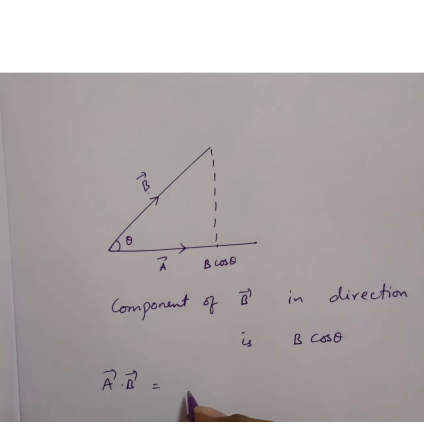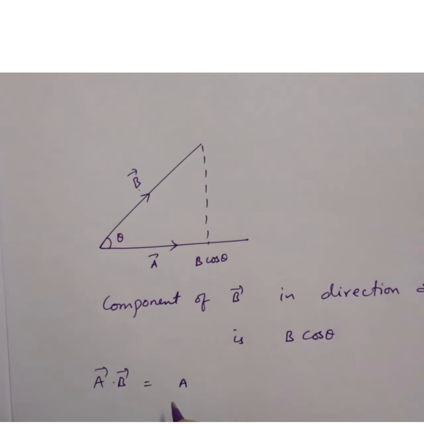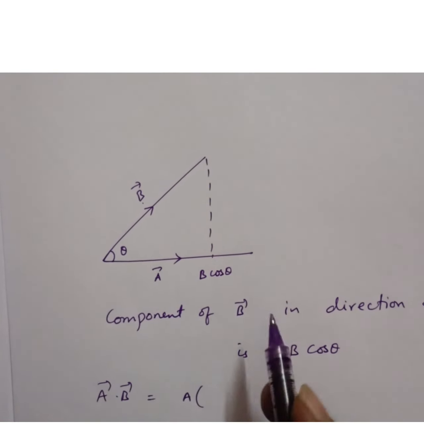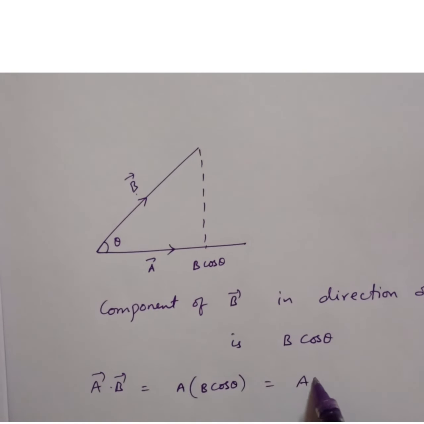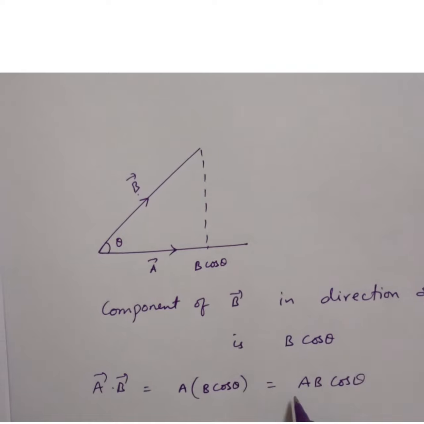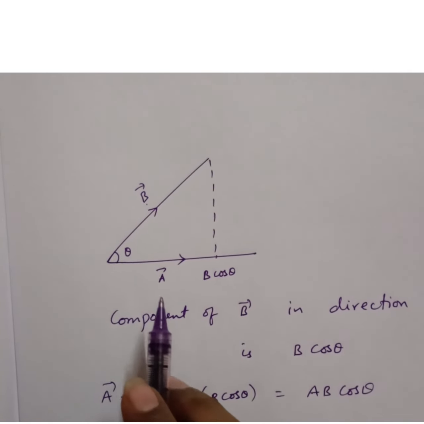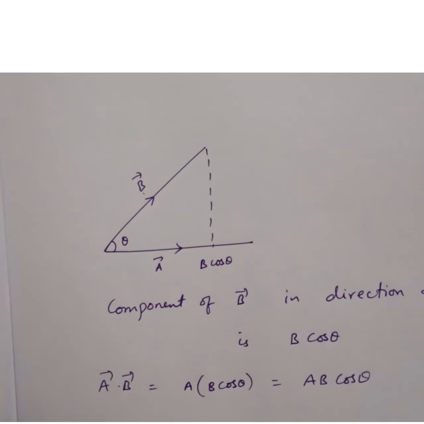So if we do the product a bar dot b bar, its magnitude is a, and b bar in the direction of a bar is b cos theta, then we will get ab cos theta. Here a and b are magnitudes of vectors a bar and b bar respectively. Theta is the angle between them.